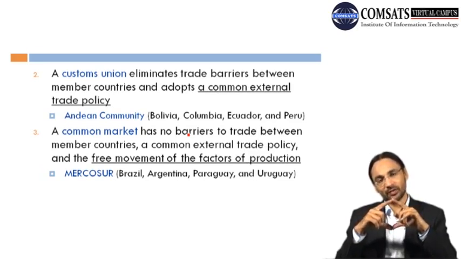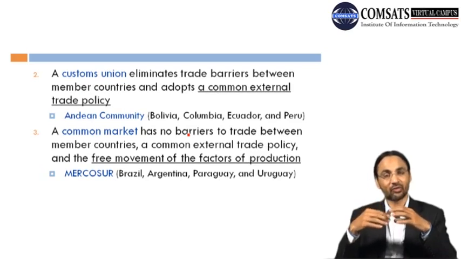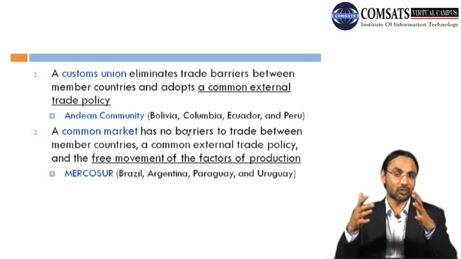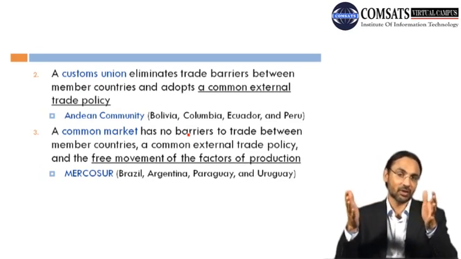Common external trade policy means the policy is the same for each country. In the EU, all trade policy is the same for all 27 countries, and it governs how they are going to trade, and to what extent, with countries other than the member countries.